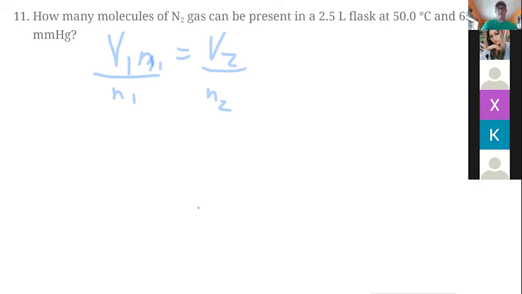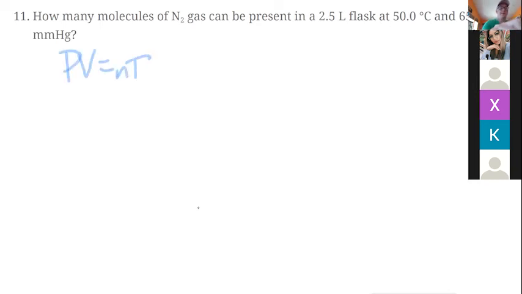So he was the one who came up with that. All right. So this time we're actually going to have to use the whole PV = nRT thing. So here's my PV = nRT. Because we're not changing anything, basically, we have to figure out molecules. So because we're trying to figure out molecules, we have to figure out what everything else is first.